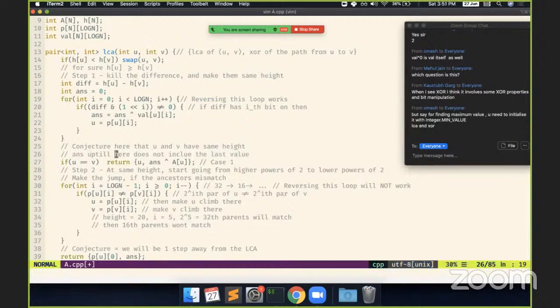Do people get this? Answer up till here does not include the last value. Had you printed just the answer, it would be wrong. You actually need to XOR it with au itself also.